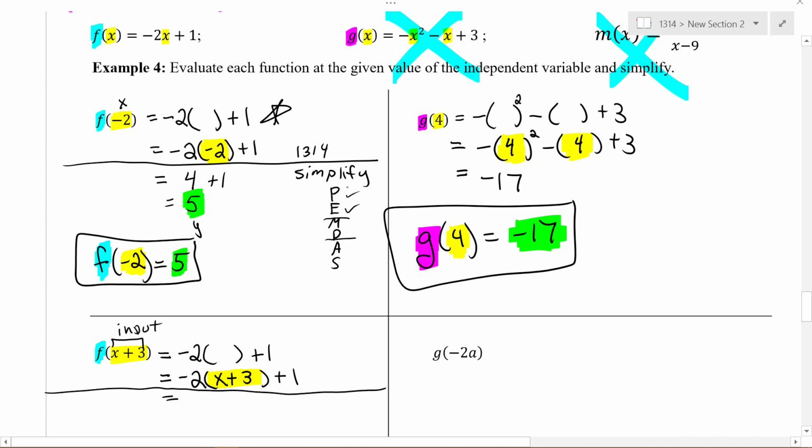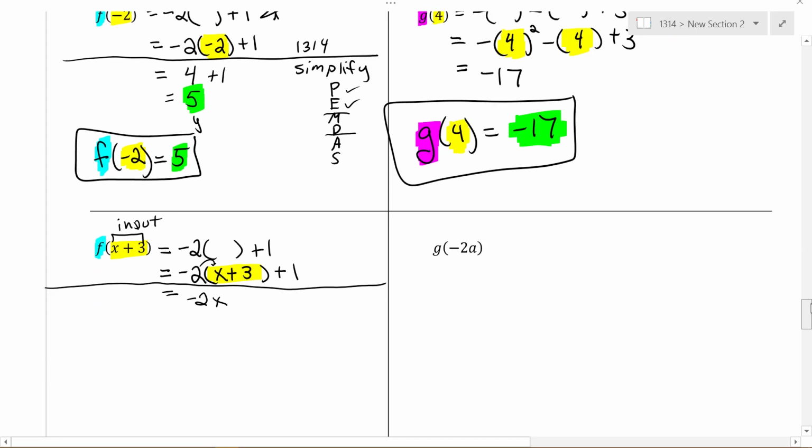Okay, so do what's in the parentheses first. I can't add x plus 3. Do I have any exponents? No. How about multiplication and division? Yes, I do have multiplication, so let's perform that. That's doing a distribution. Negative 2 times x, so that's negative 2x. I'm just going to scroll down a little bit here.